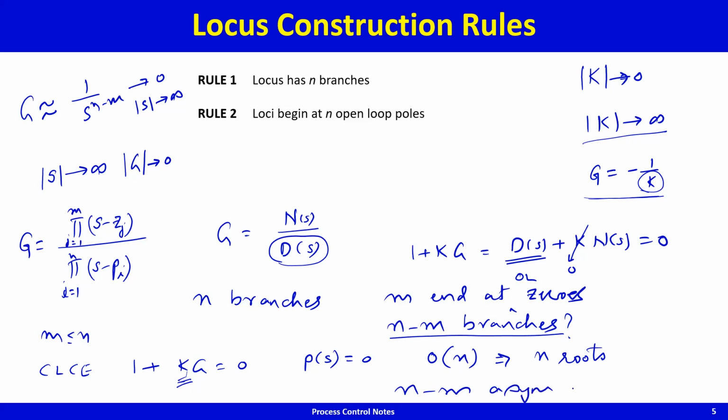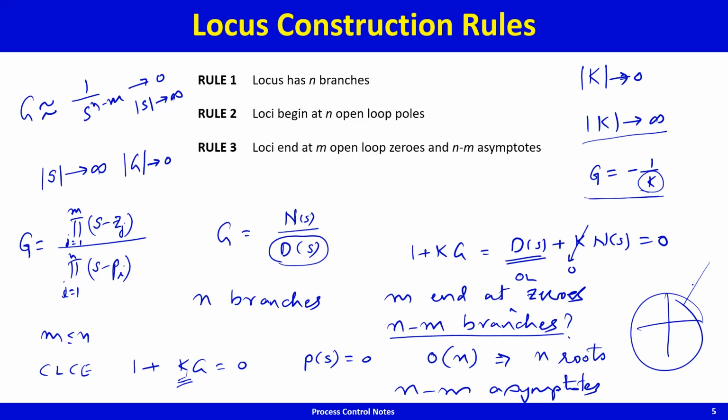Asymptotes meaning large magnitude s. Now if you look at the s plane, everything in that infinite very large radius circle has large magnitude s, but we will be getting only those special values of s which are large and satisfy the angle condition that will be on the root locus. But for the time being, the rule is the loci begin at the n open loop poles, they end at the m open loop zeros, and n minus m asymptotes.